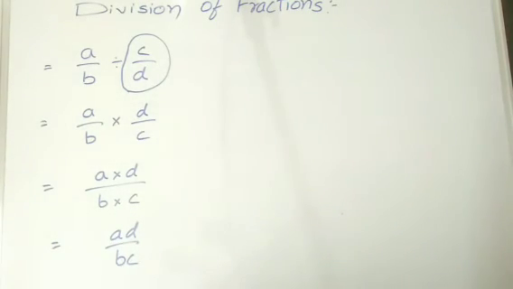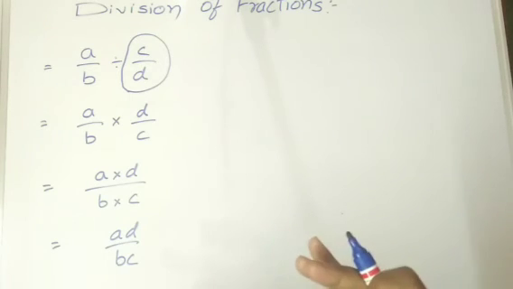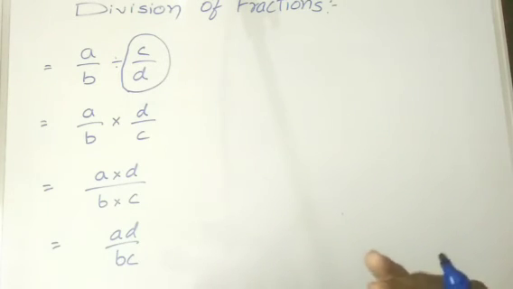But in the multiplication what we got? ac by bd. Now what we got? ad by bc. Everybody must and should observe. I think you got an idea about this. What we want to do? Division afterwards, what is the one? That one we want to make a reciprocal.